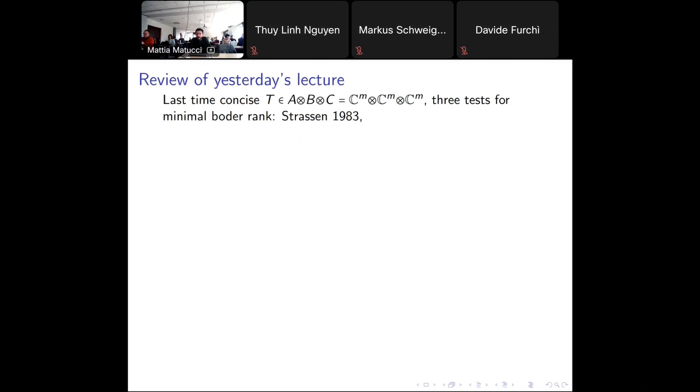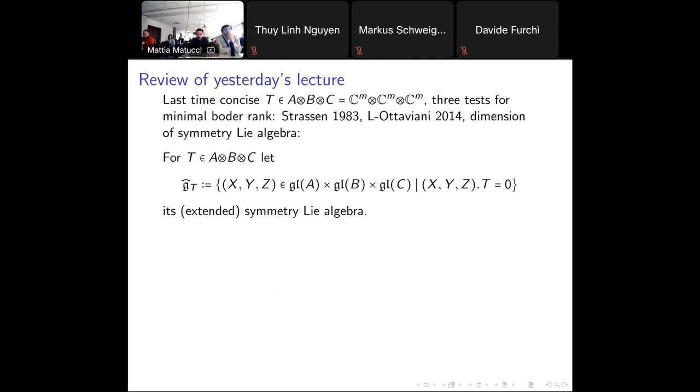So recall that we had discussed 3 tests for minimal border rank, one from 1983 through the Strassen, one from 2014 with Taviani, and then I want to review this one because I went too fast. So if you have a tensor, you can look at its symmetry group.